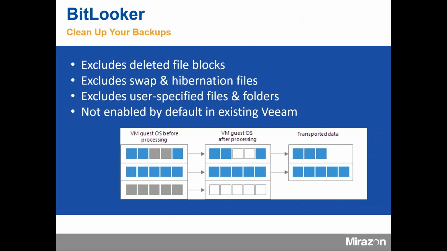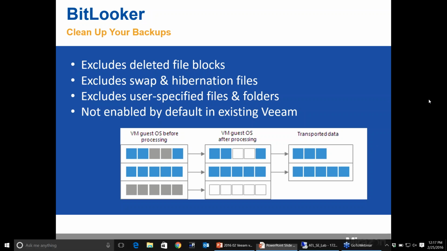So what does BitLooker mean? BitLooker is an exciting new technology that Veeam has come up with to make your backups even more efficient. Veeam, being an image-based backup utility, works at the block level. If we're all familiar with the way NTFS works, if you delete a file in Windows, what does that truly mean?